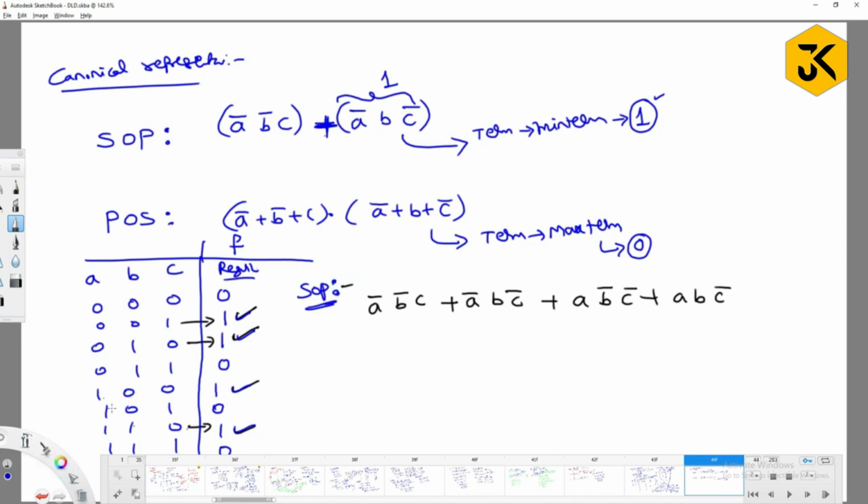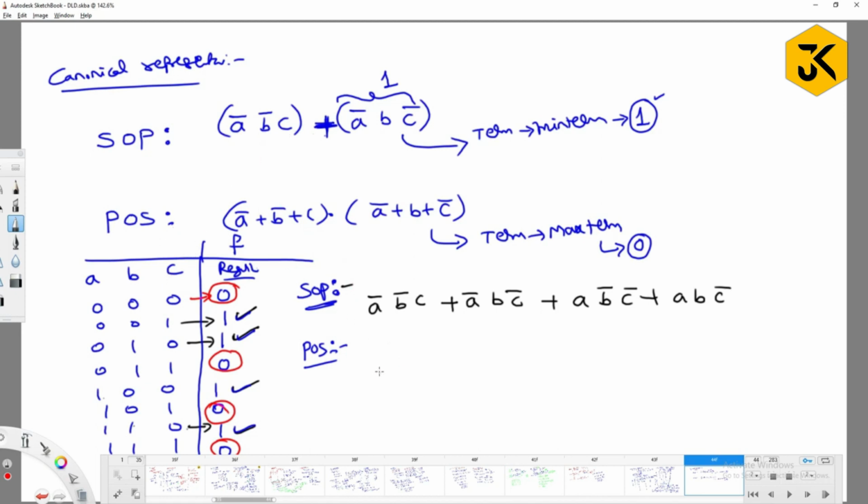What is another way of representation? I can represent it in another way, that is product of sums. In product of sums, 0 will be represented as a max term. How these are going to be useful to me, we will see in the further classes. Here you have to consider 0 only. In sum of products, we represent the sum of the products. Here we represent the product of sums.